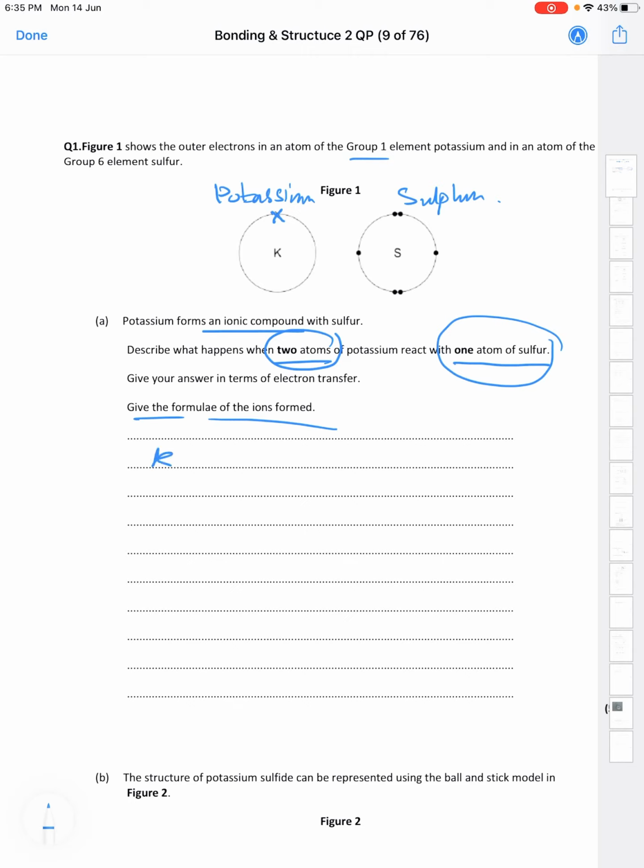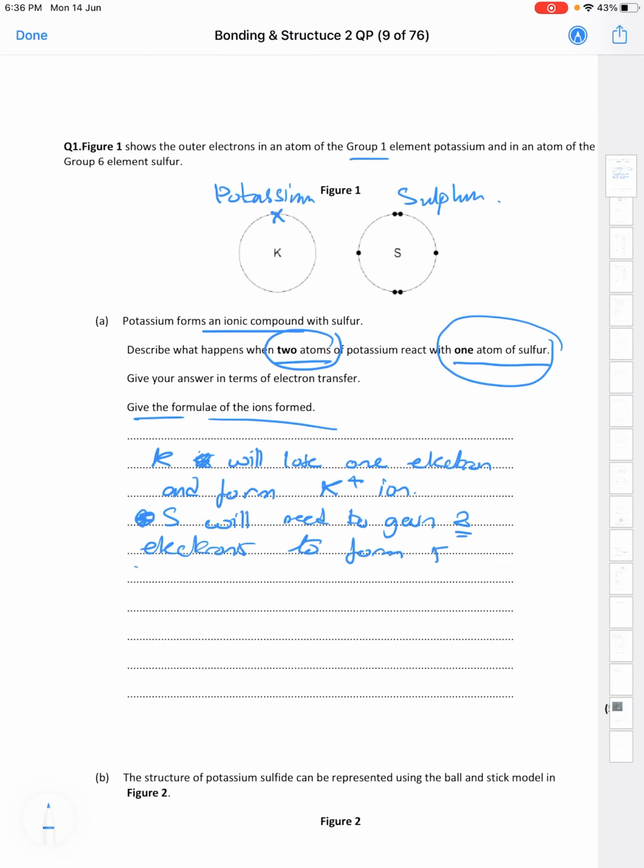So I would say that potassium will lose 1 electron, okay, and form the K+ ion, right? And then sulfur will need to gain 2 electrons, right, to form the sulfur 2- ion.